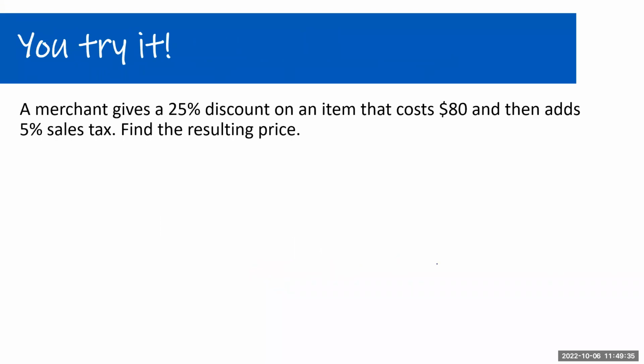You give this one a try. A merchant gives a 25% discount on an item that costs $80 and then adds 5% sales tax. So you're going to decrease it by 25%, but then you have to add 5% back. What's the resulting price? Well, your original is 80, and you're going to take that 25% away.